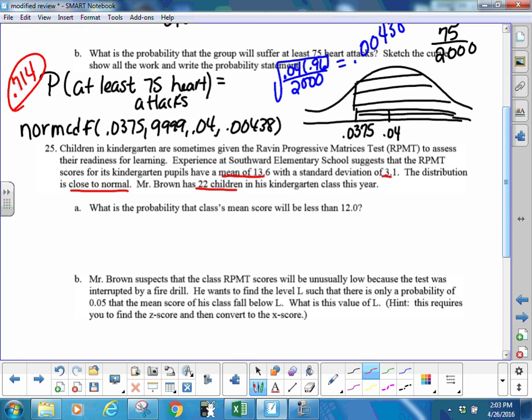Yeah, we want the standard deviation of the distribution of the mean of 22 children. So every time you have to find a standard deviation, ask yourself, what am I finding it of? You're actually going to have to go through a z-score on one of these, but I'm going to let you puzzle through this, and if you need help, I'll be glad to help.